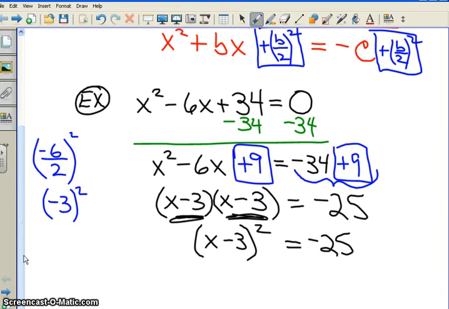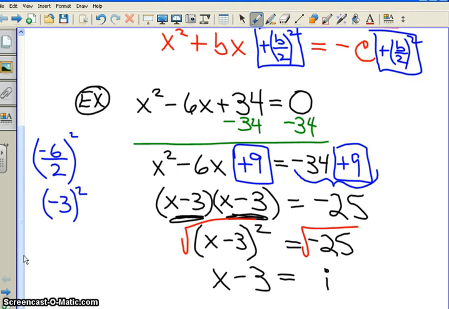I can get rid of the square from that parentheses by square rooting both sides. Square root, square root. So on the left, the square and the square root cancel out. It just leaves me x minus 3. Over here on the right, we're going to have to pull out that negative and make it imaginary.